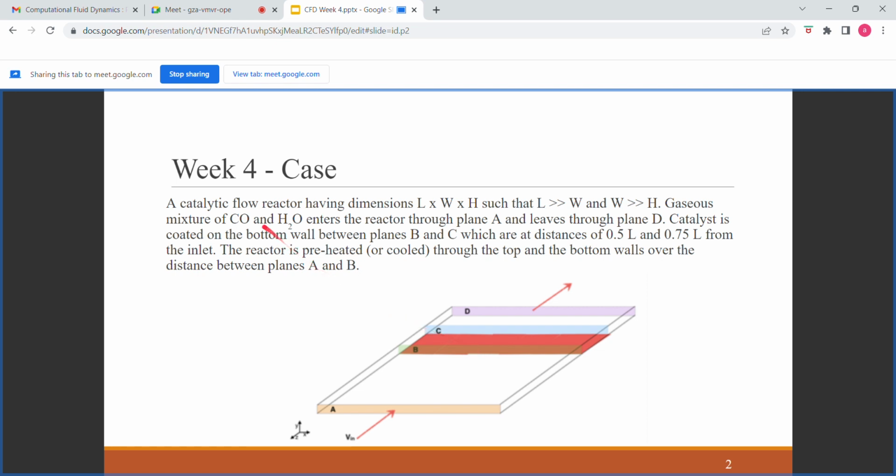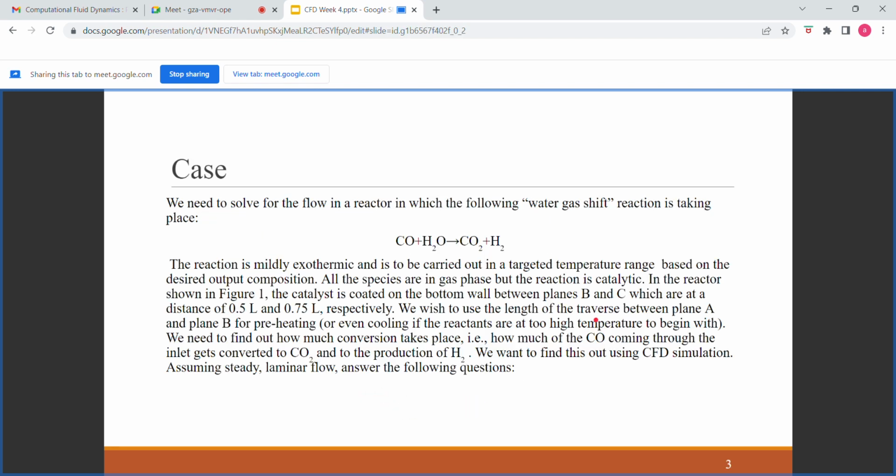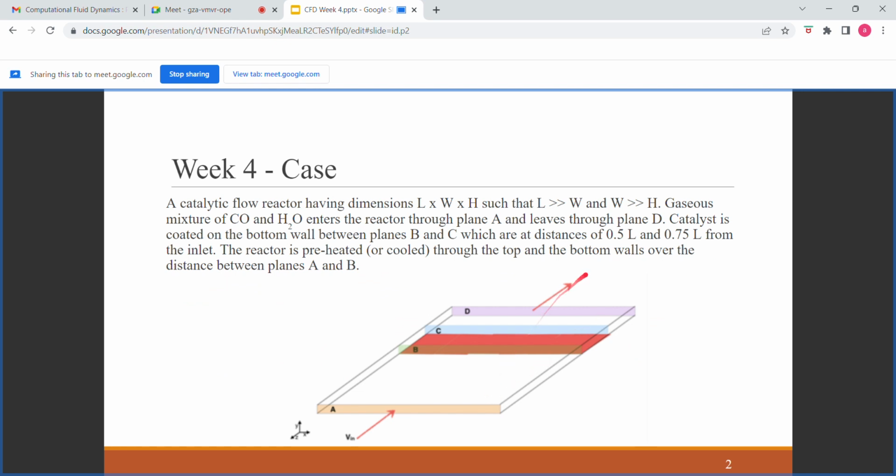It is given that it is a catalytic flow reactor having dimensions L into W into H such that L is very much greater than W. This one is the height, which is very much smaller, this one is the width, and this one is L. So L is very large, the width is comparatively smaller than the length, and the height is very small.